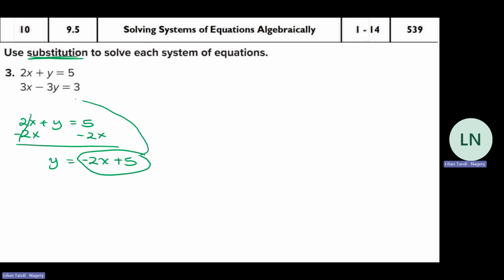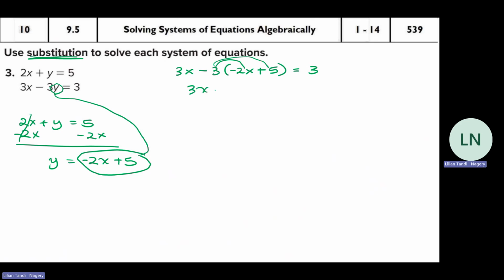This will be replaced here. So then I will do 3x minus 3 parenthesis negative 2x. That's a parenthesis. Why am I calling them brackets? Okay. Then I do distributive property.